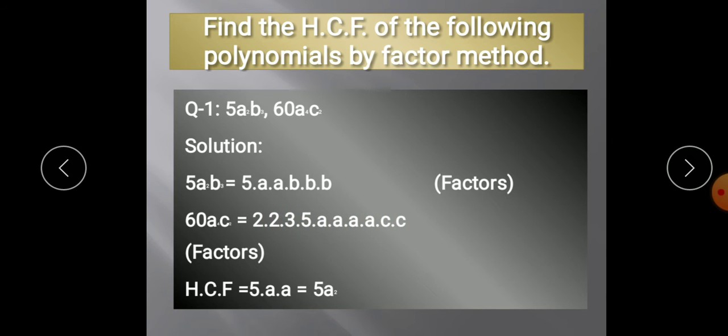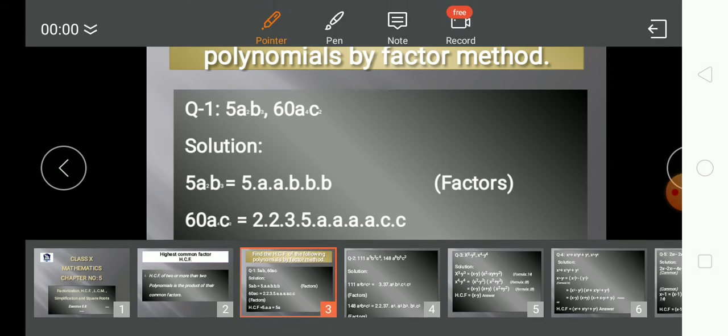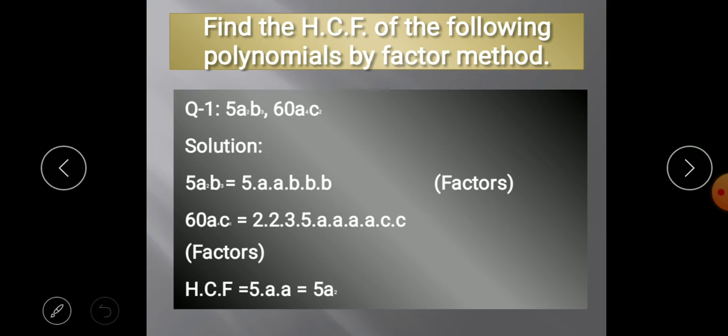Now the highest common factor. What does highest common factor mean? First of all we will write what is common. So here this 5 is common. I have written down here 5.